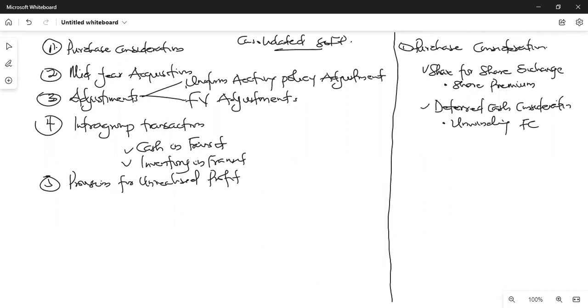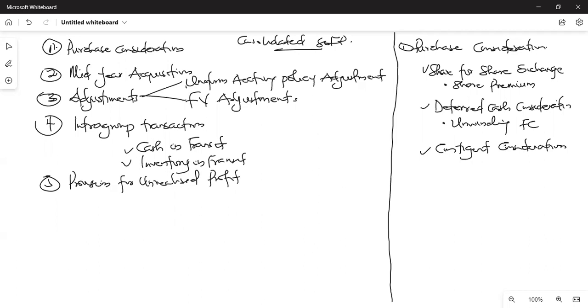Another form the purchase consideration can take is contingent consideration. We will look at it. The initial measurement is that we have to do it at fair value.